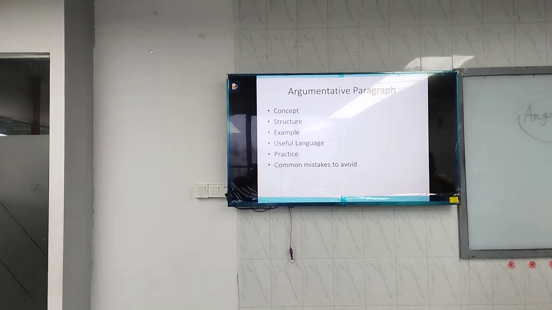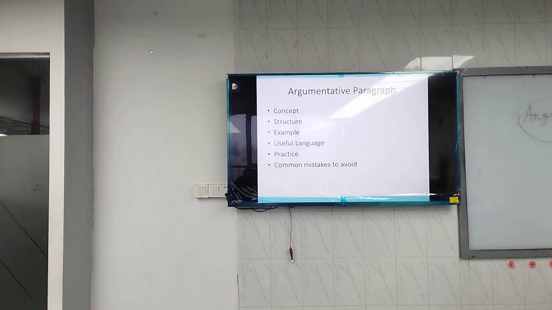In our daily life we come across different types of arguments, where we have to choose one single particular point of view. That's called argumentation. And here we are going to know how to write an argumentative paragraph.